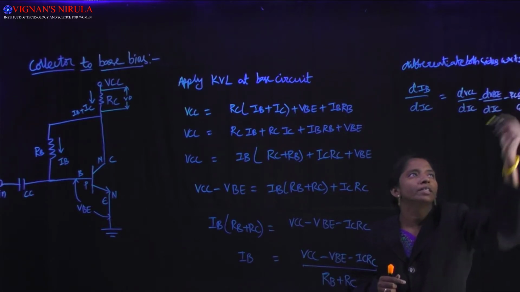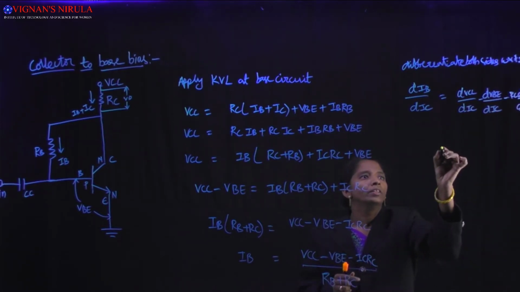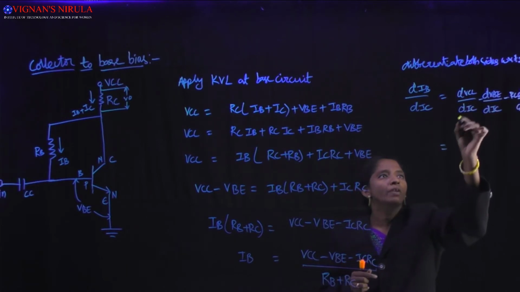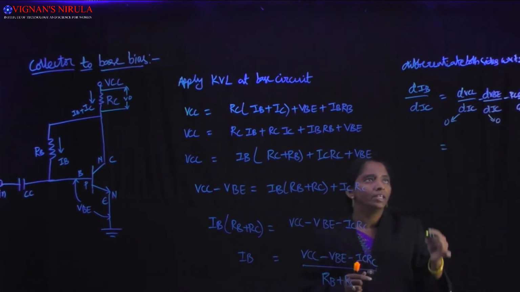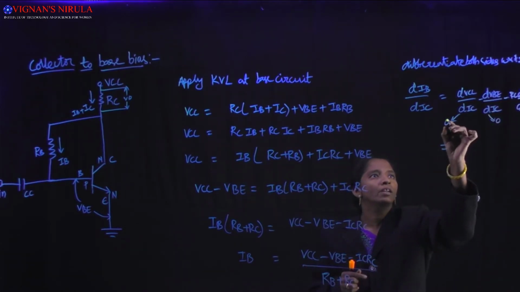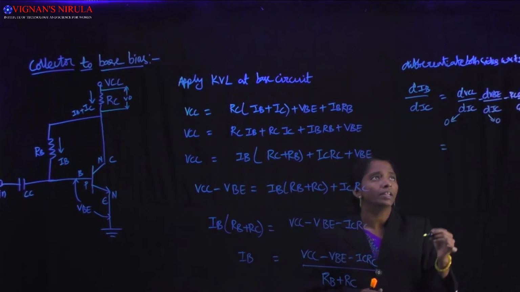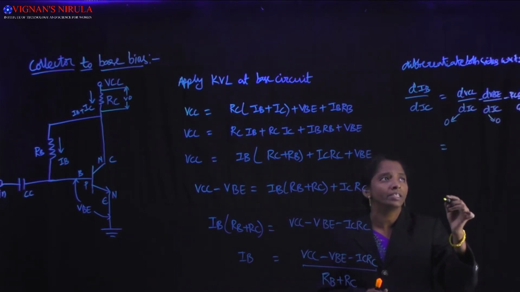Here dIC gets cancelled. Then this value will be 0 and this value also will be 0, because VCC and VBE are constant quantities. Then the VCC and VBE terms become 0.